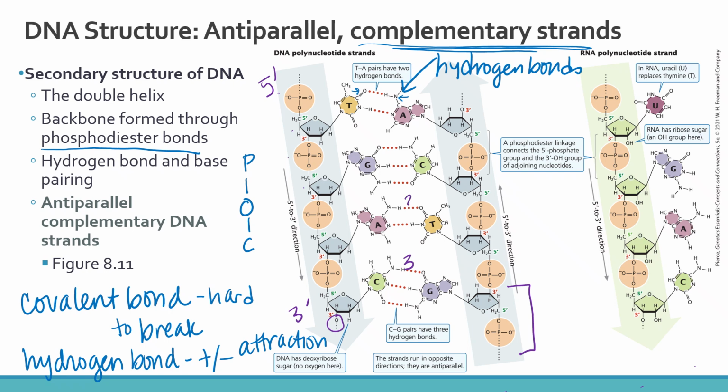And there are 2 hydrogen bonds between our adenine and our thymine. So regions of the molecule that are GC rich are going to be held together much more tightly than regions that are high in A's and T's, which means that regions that are high in A and T pairings are going to be easier to open up because we have fewer hydrogen bonds there.